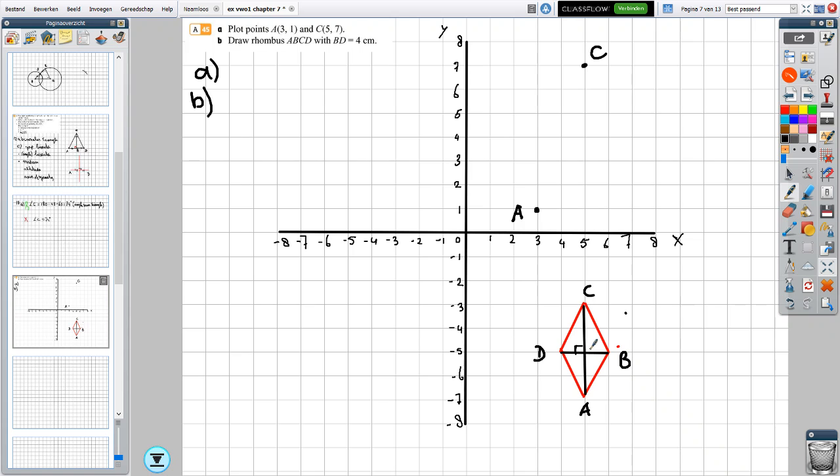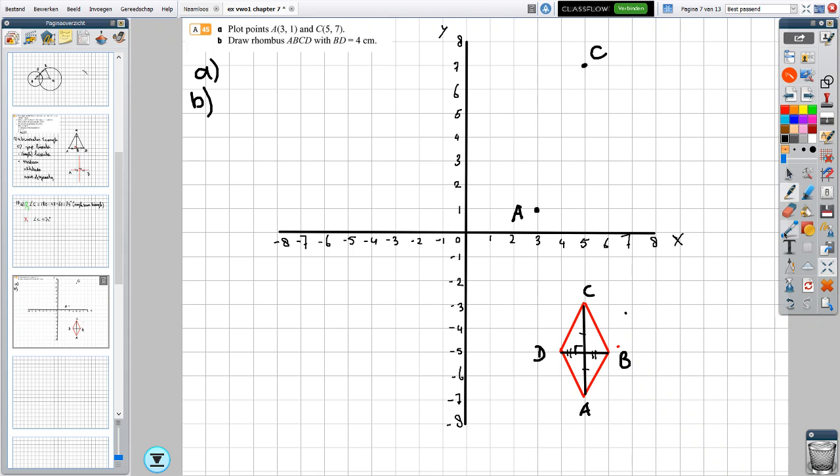And I also know that those two lines here are going to be exactly the same. And this one is also the same as that one. Why does this help me? Let's just take a look.